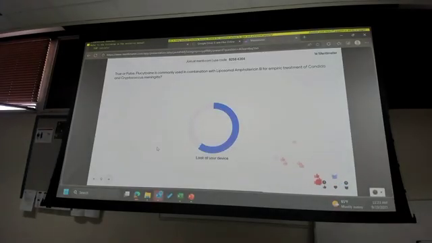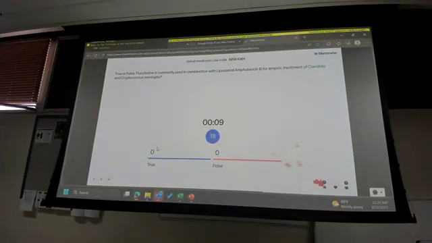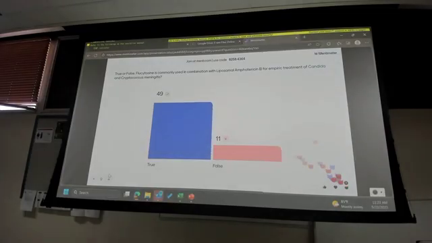True or false? Flucytosine is commonly used in combination with liposomal amphotericin B for empiric treatment of Cryptococcus meningitis. Yes, it's true.